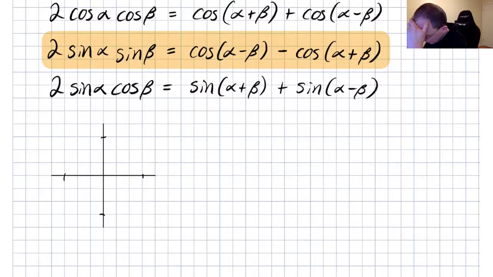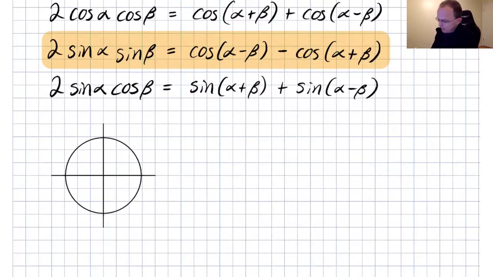I can do a circle and then put it right there. Okay, let's clean that up a little bit. Okay, that works. That's perfect.